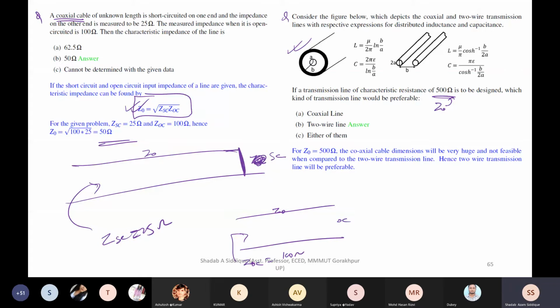For the two-wire transmission line, this kind of impedance is possible. The two-wire parallel line has more losses, because to match this characteristic impedance, we need that amount of load value also to have the maximum power transfer.